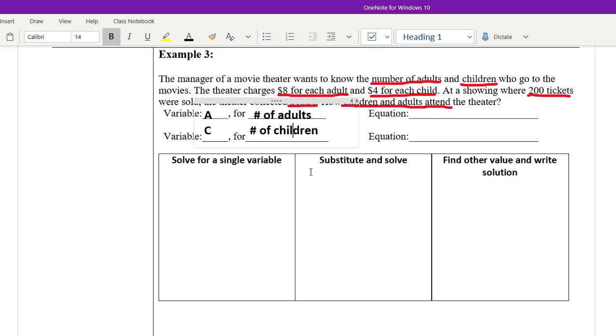So this is linking back to our old problems that I've already discussed in an earlier video, how we're going to use a variable that works with what we are actually referring to. A for adults, C for children.